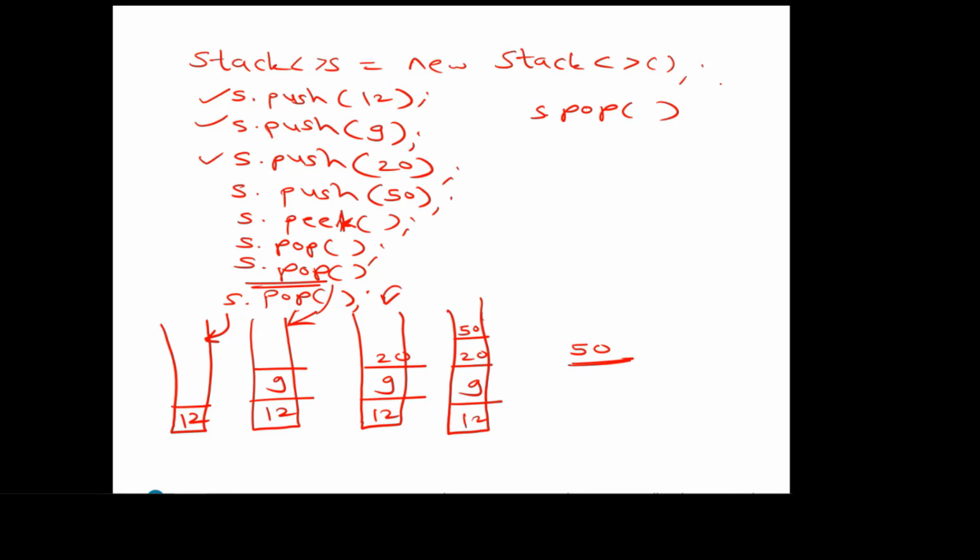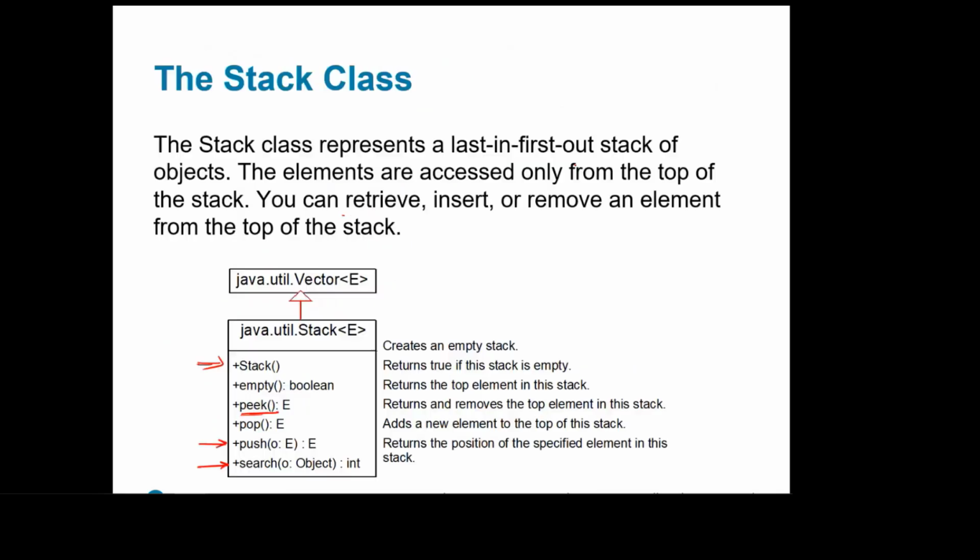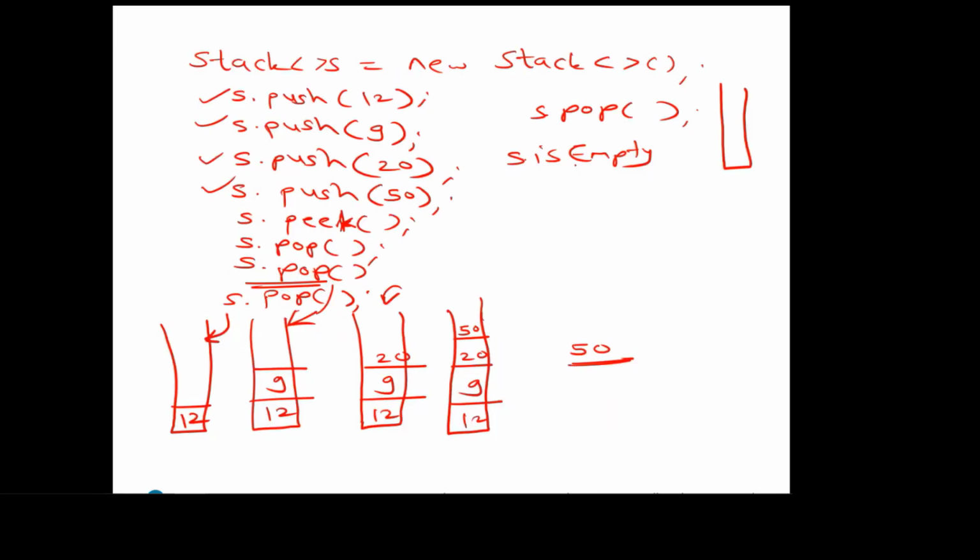If I do s dot pop again, now what will happen? I will get a stack which is empty, because I inserted 4 elements using s dot push, and now I pop all the 4 elements, so my stack is empty. And now if you say s dot empty, the empty function, this function will return true at this time because now my stack is empty.